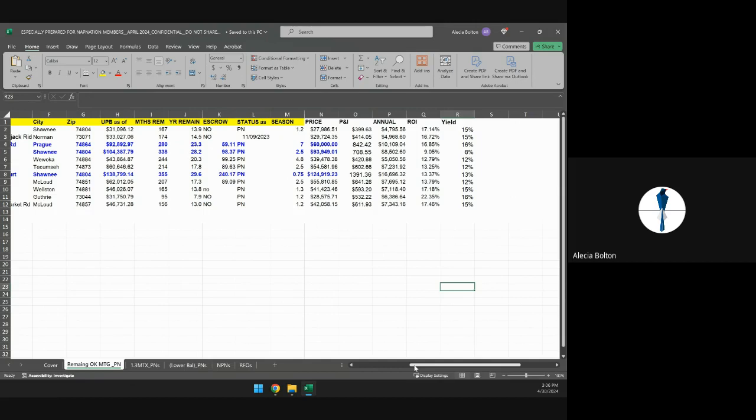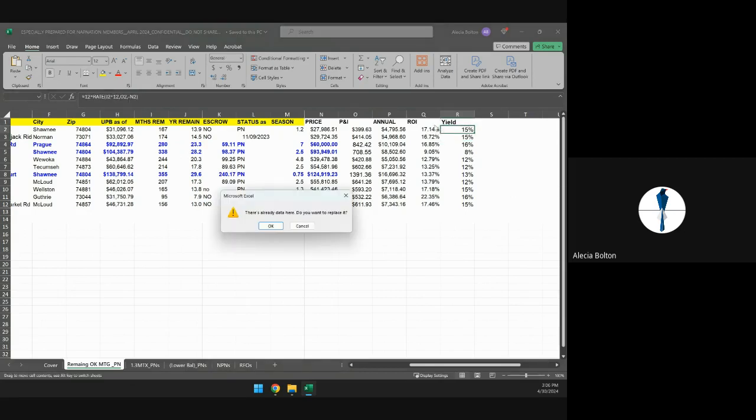So I'll go in and calculate; I added this yield column myself. That's not something that came with the spreadsheet. I want to make sure my net yield is still going to be good.